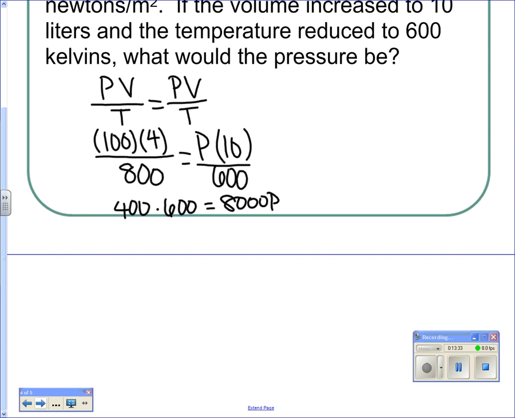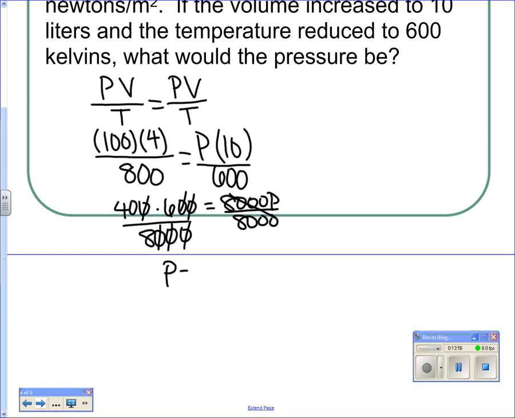And then what? And? Right? Okay, so 0, 0, a 0, and a 0. 40 times 6 is what? Divided by 8.